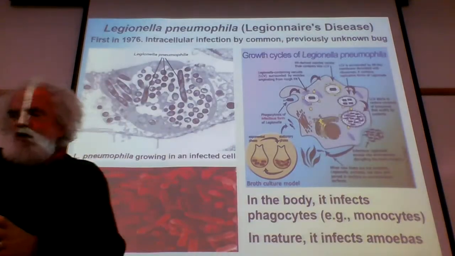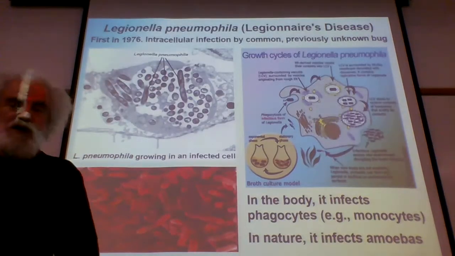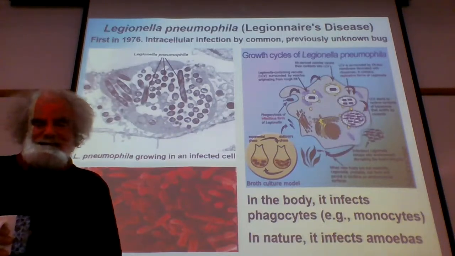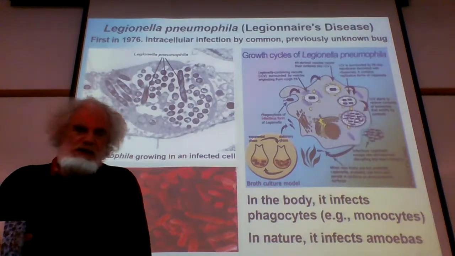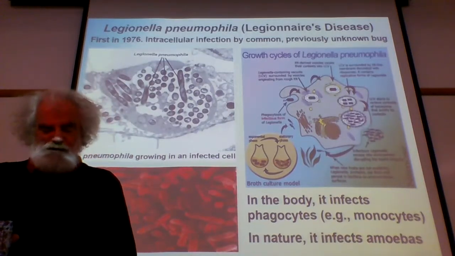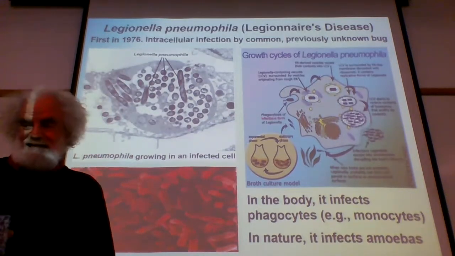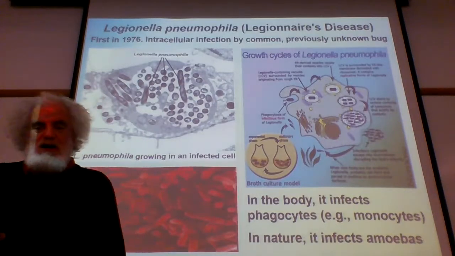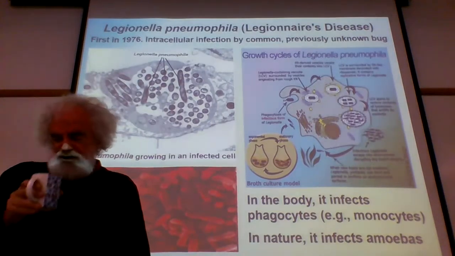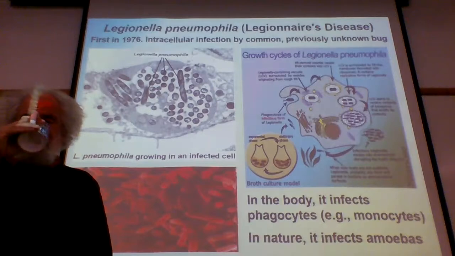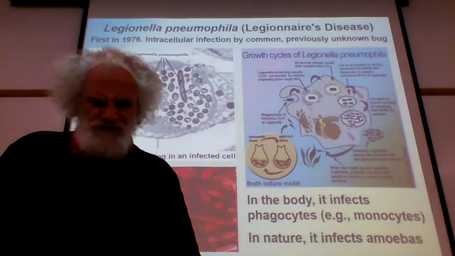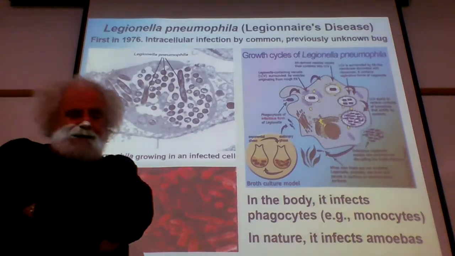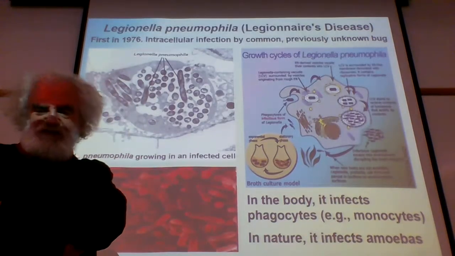Now, there are still bacterial diseases that are surprising, that are emerging. You don't remember this, but I was old enough to remember in 1976 that there was this very strange bacterial infection that occurred, I think, in Las Vegas at an American Legion convention.